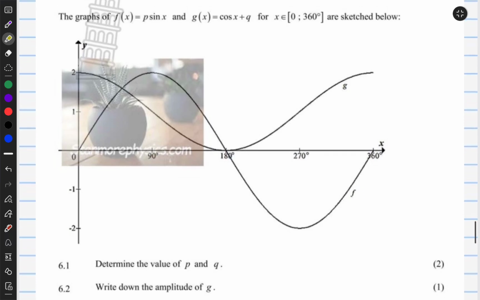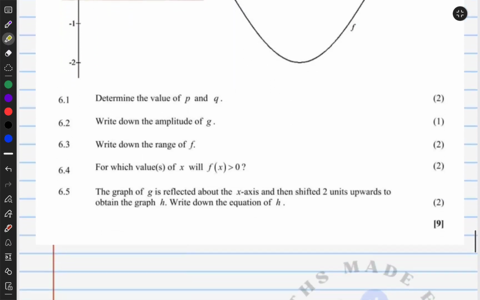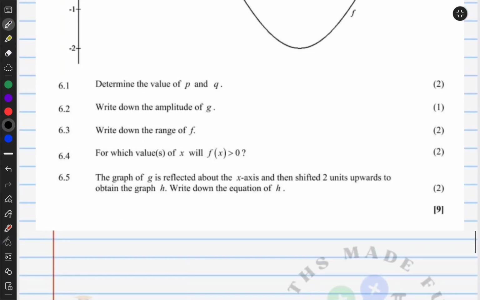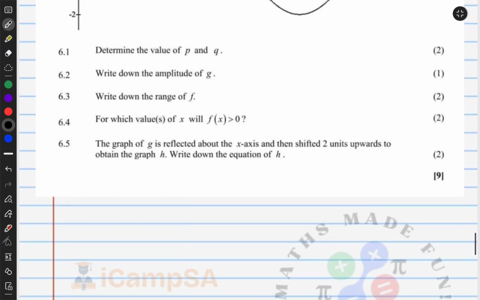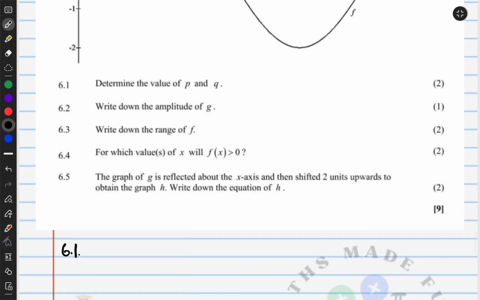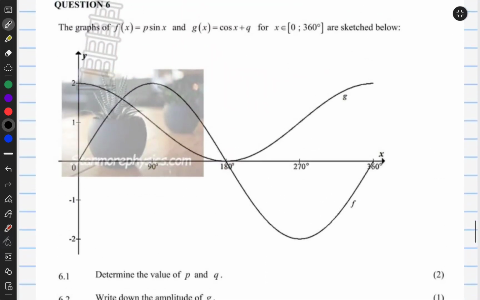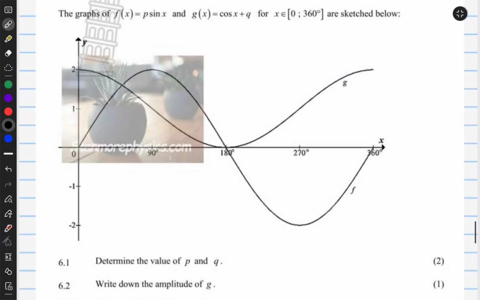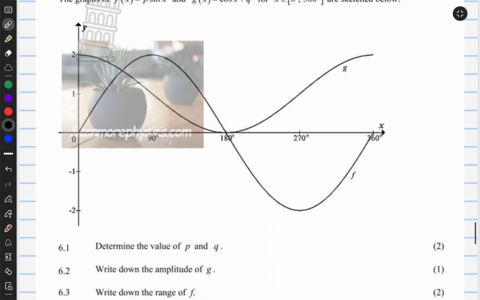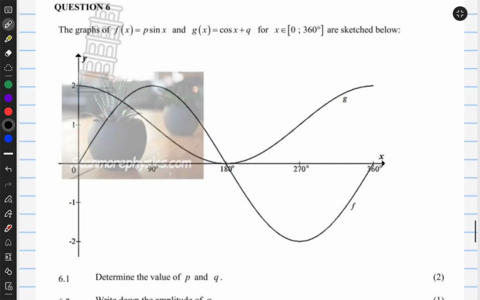Okay, so for 6.1 we're asked to determine the value of p and q. So for p, which gives us the amplitude and the vertical stretch of the graph, normally we know that the graph of sine goes between 1 and -1.